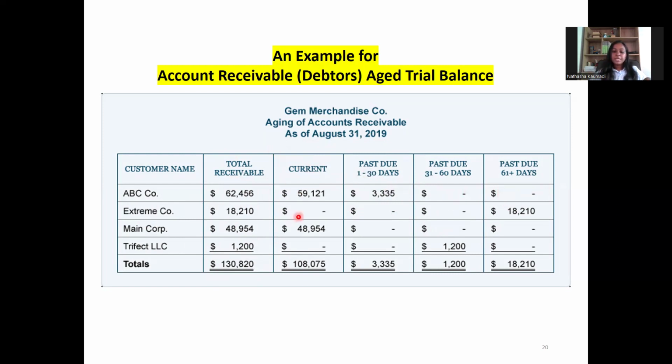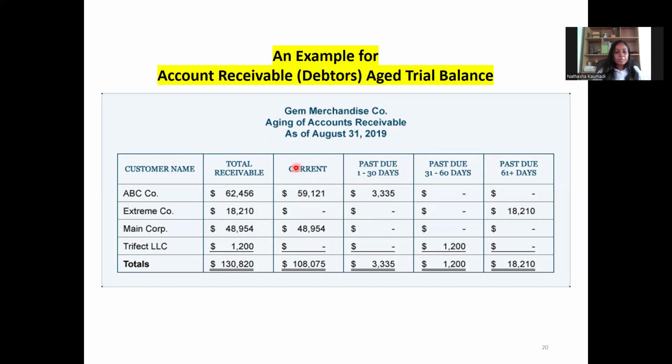Now the current bucket means 0, or the final value. Then past due 1 to 30 days. That means the customer has exceeded the credit period by 1 to 30 days. Past due means overdue.